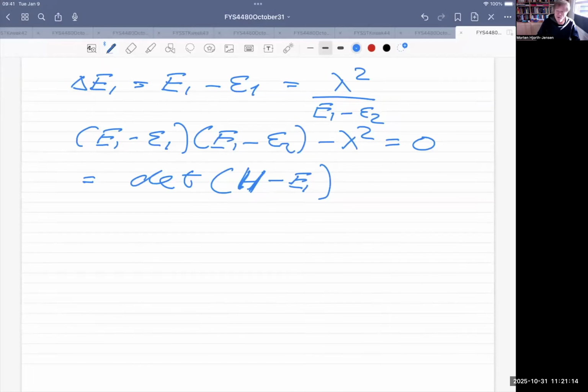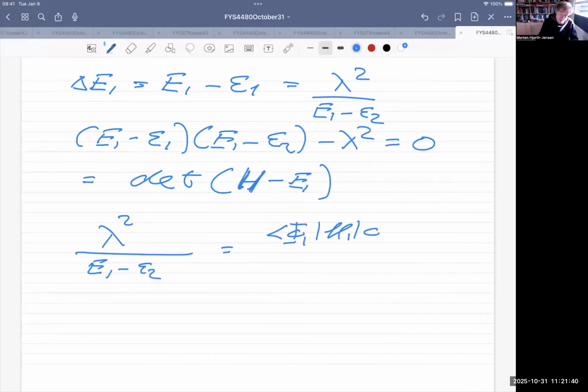Now, one thing we could do now, and we are now going to anticipate how this is going to look if we do want to represent this from a diagrammatic point of view. So let's look at this term lambda squared. And this is given by E1 minus epsilon 2. And it corresponds to us having phi 1, and then the interaction. And then we have phi 2 here.